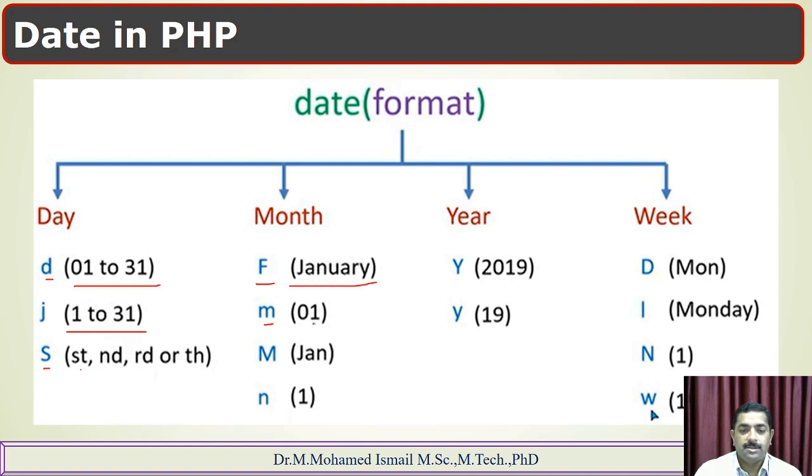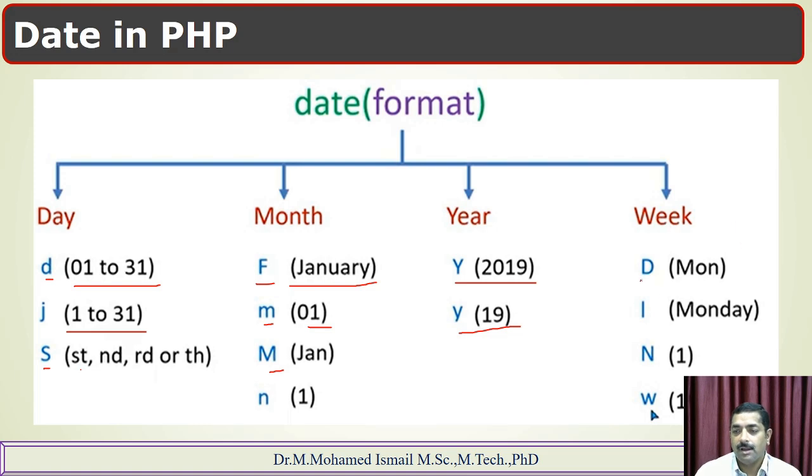Small m is 01 to 12 months, so 2 digits will come. Capital M gives 3 letters, that is Jan, Feb, Mar, like that. Small n is a single digit month. Capital Y gives the full year, and small y gives the last 2 digits of that year.